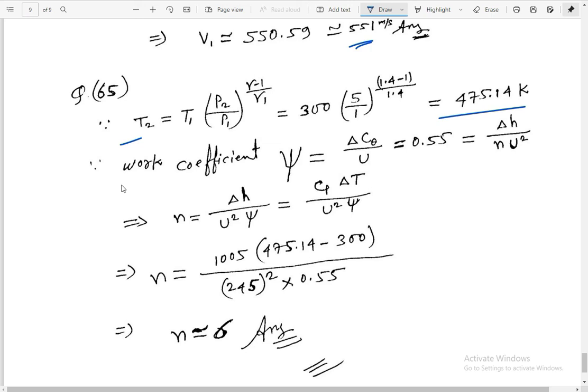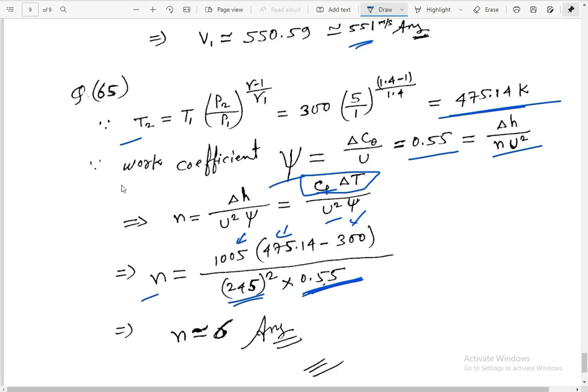The work coefficient formula is delta H by u square, that is psi. Delta H, the change in enthalpy, we can write as Cp into delta T. So n equals Cp, which is given, times T2 that we just found minus T1, which is given as 300, divided by u square, with u given as 245, and psi the work coefficient also given.